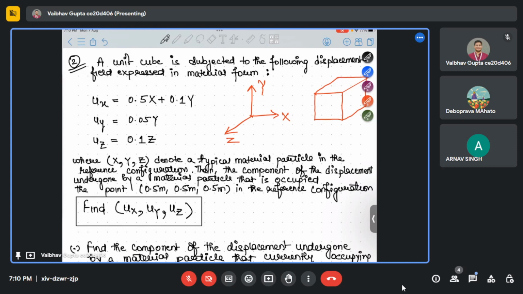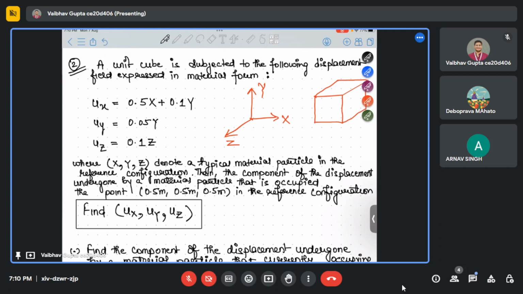We'll see. First we'll read the question. A unit cube is subjected to the following deformation displacement field expressed in material form. What do they mean by material form? The meaning is that U is related to capital X, capital Y, and capital Z. That is what is given in the question also.